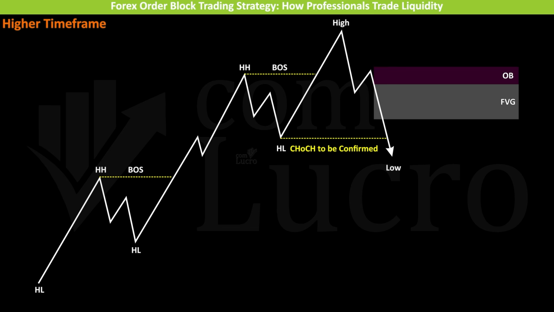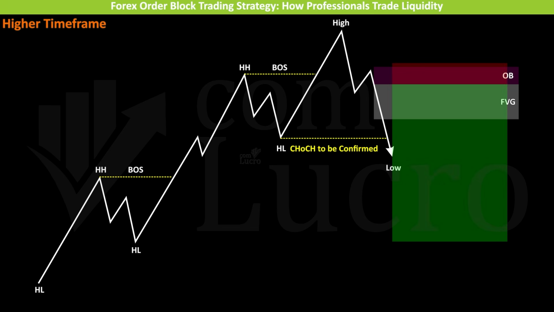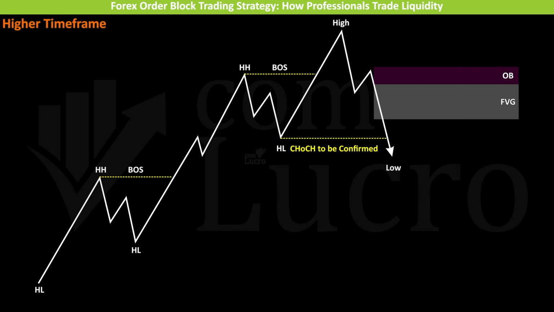Next, we identify the fair value gaps and mark the order blocks, which serve as our main trading zones. At this stage, we can simply place a sell limit order at the order block and position our stop loss just above it. However, for a more conservative approach, it's often better to zoom into lower time frames once price reaches this area.